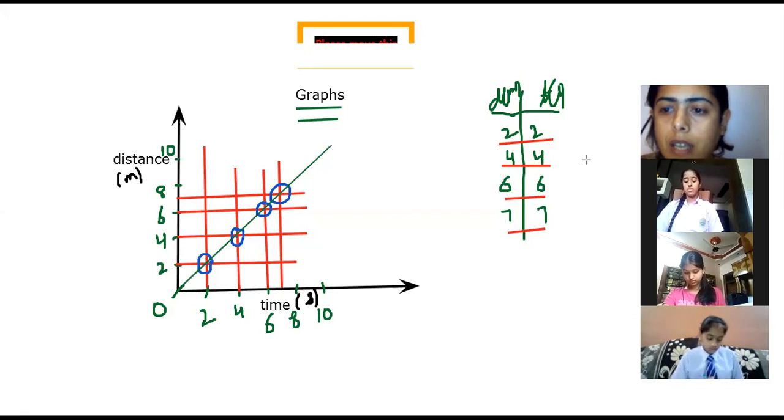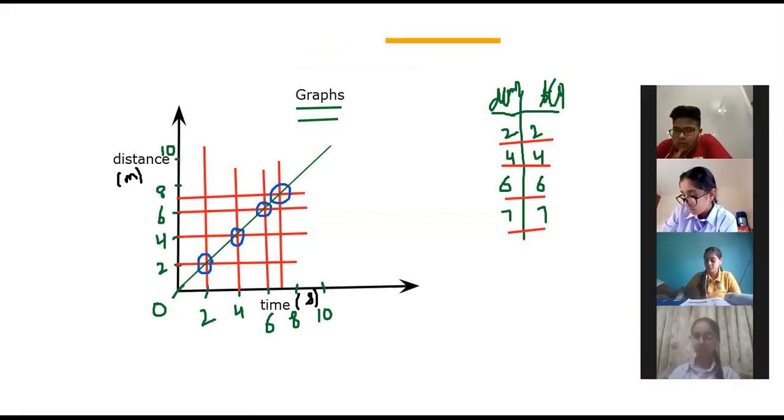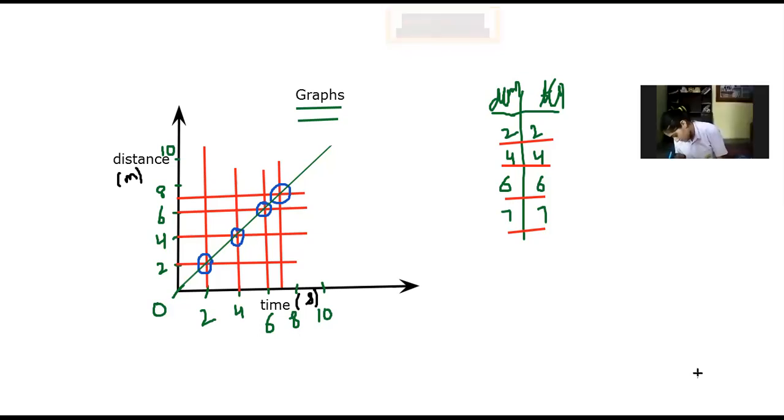In the distance time graph, for the uniform motion, we will get a straight line.